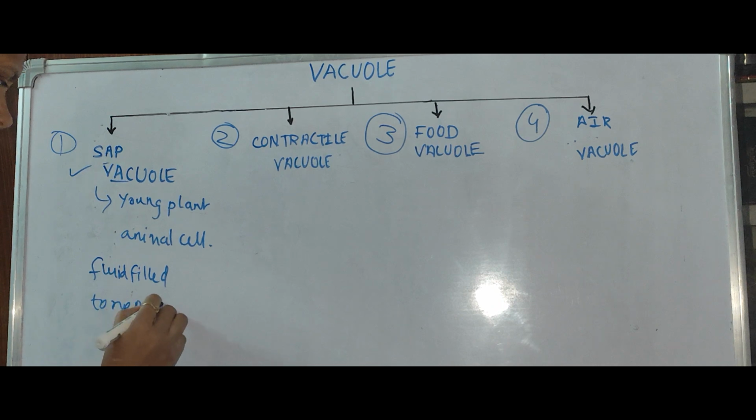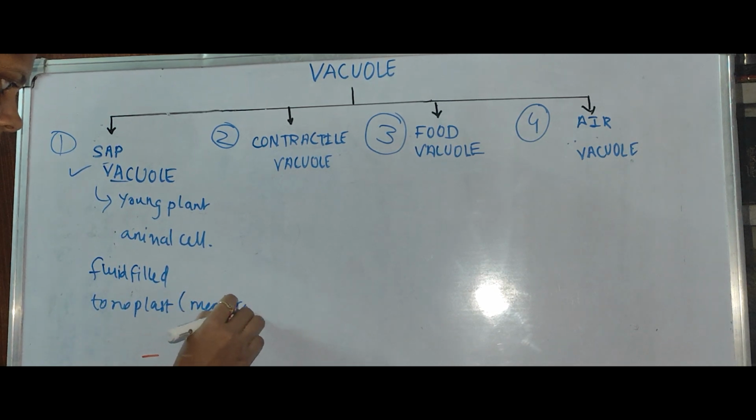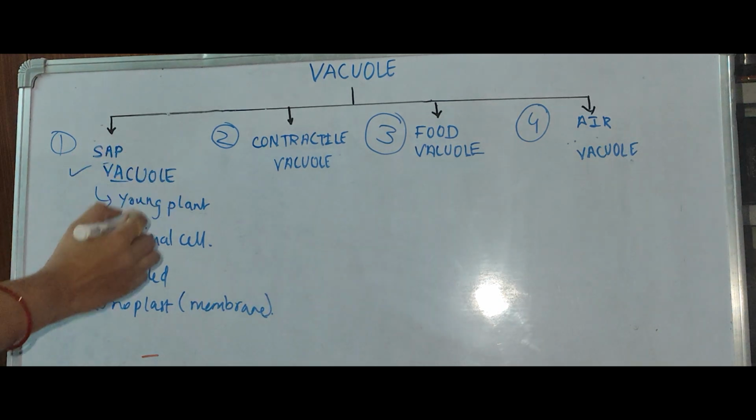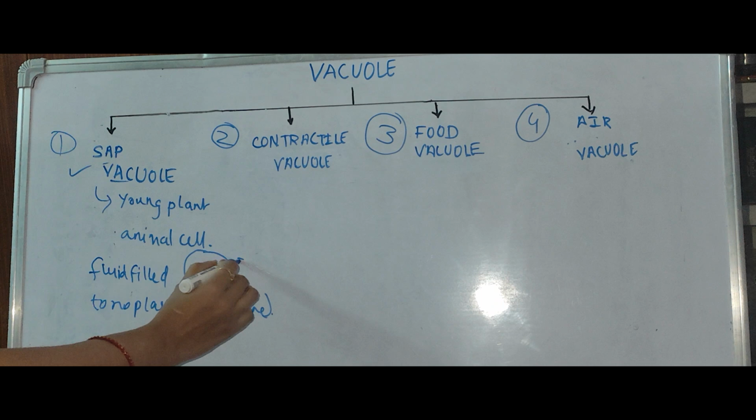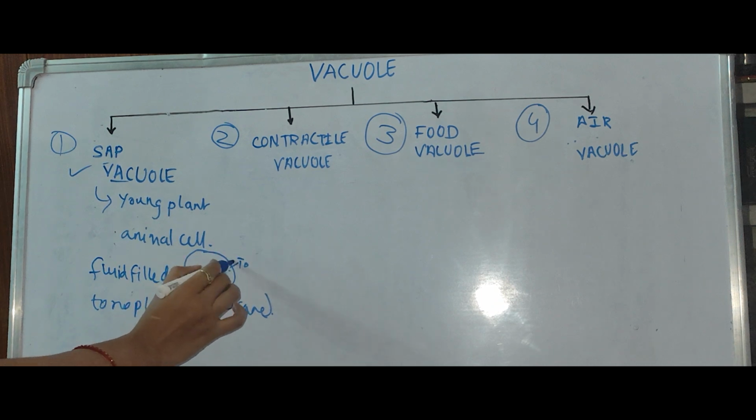Tonoplast is a membrane, and this membrane covers the vacuole. So this is your tonoplast.